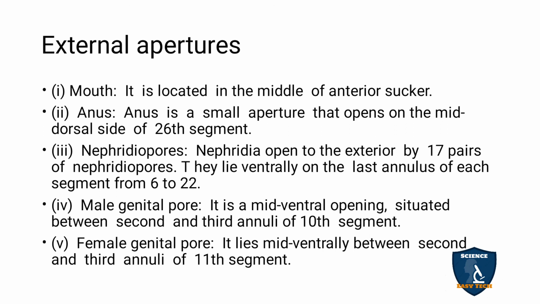So the male and female sex organs are seen in the same organism; the male genital pore is present in the 10th segment and the female one in the 11th segment.